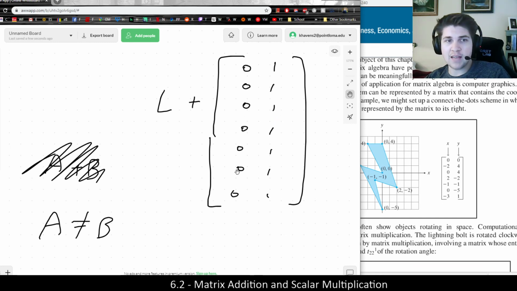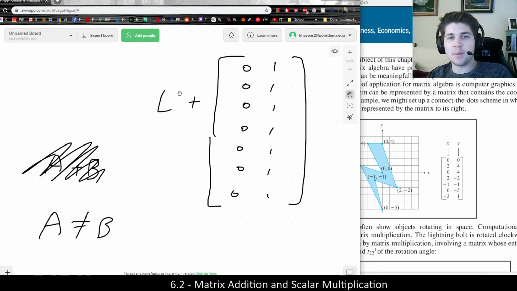Or of course, if I added it to the matrix of 1 zeros in the same way, that would move it to the right 1 unit. Or say I wanted to take away this matrix, it would move it down rather than moving it up. And we could use matrix addition and subtraction to move that image all around.